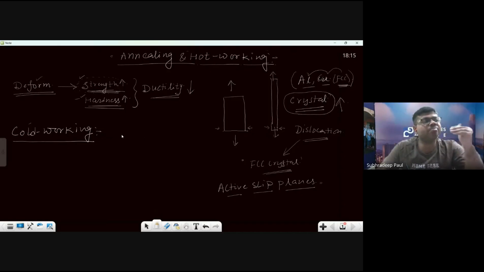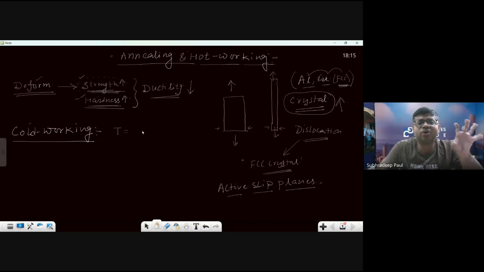The temperature is not very high, and it is also not the room temperature. We are not talking about room temperature deformation. Sometimes cold working obviously means room temperature deformation, but generally, the temperature we talk about is variable.